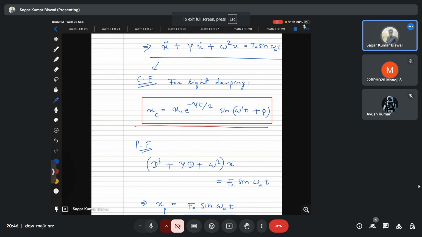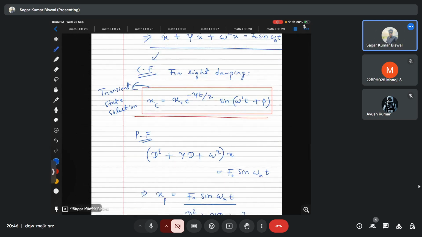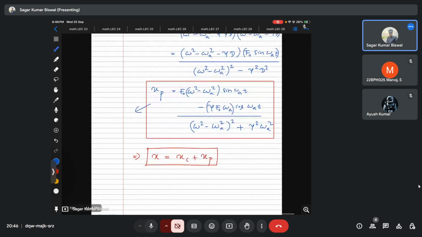Let me tell you that this solution of the complementary function, in the language of oscillations, is also known as the transient state solution, and this particular function is known as the steady state solution, right?